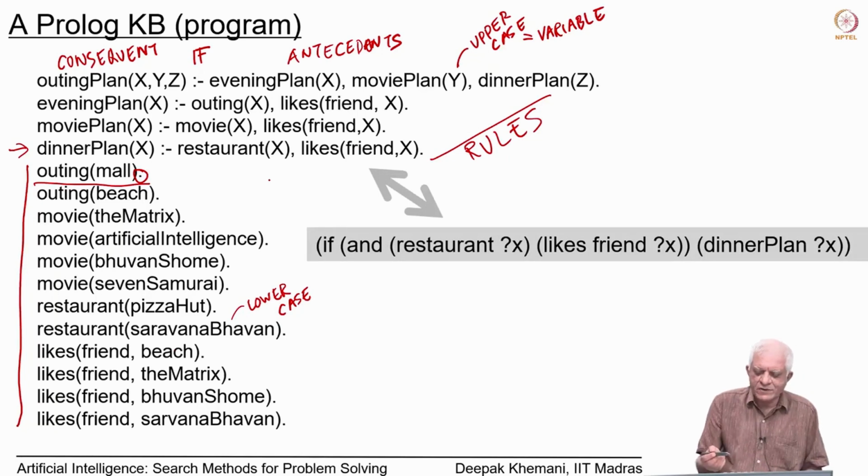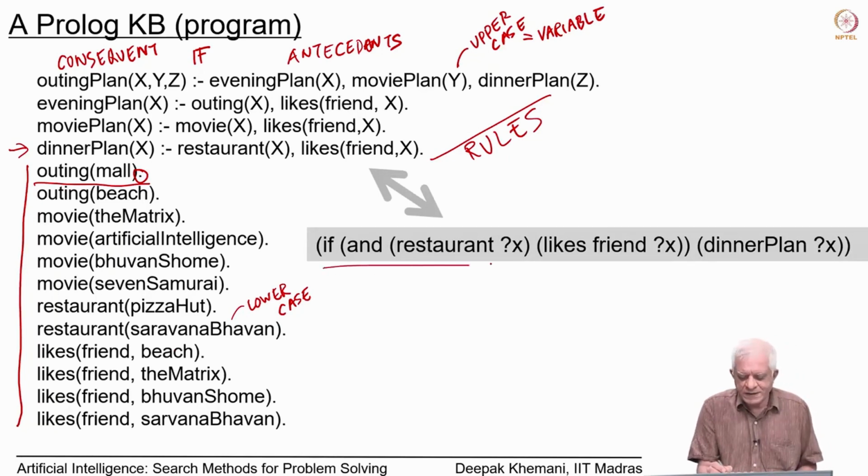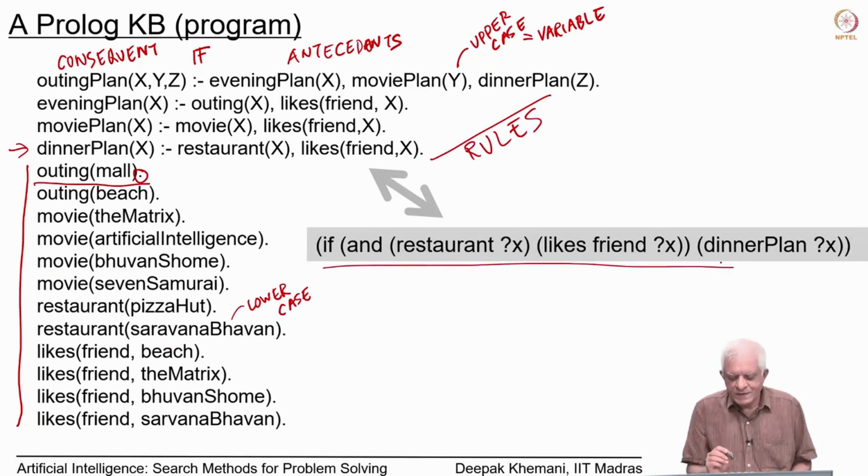If you were to write this in logic, you would write it as a statement like this: for all x, restaurant x and friend x and likes friend x implies dinner plan.